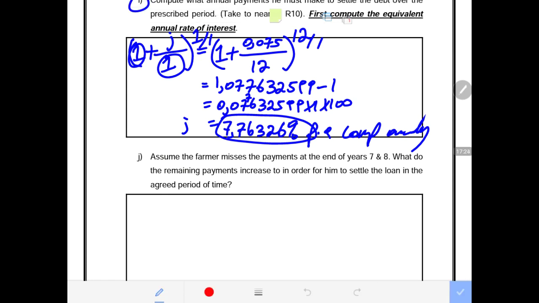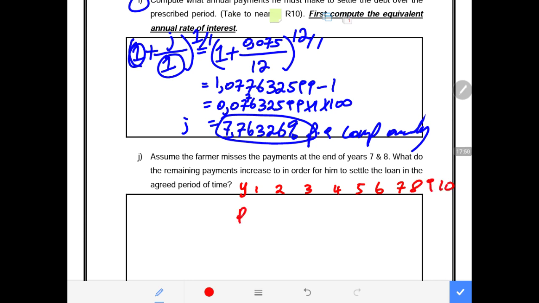Now the farmer misses payment number 7 and payment number 8. And I just want to bring this across your mind that we have year 1, year 2, year 3, year 4, year 5, year 6, year 7, year 8, year 9, and year 10. Highlight that.